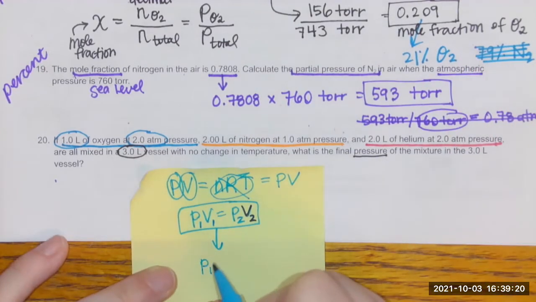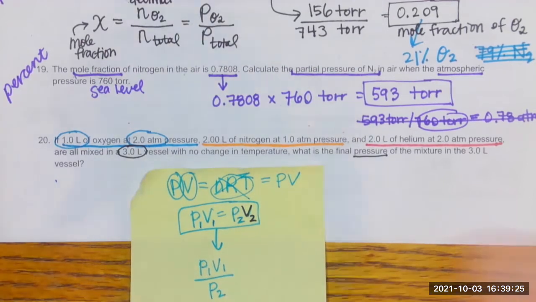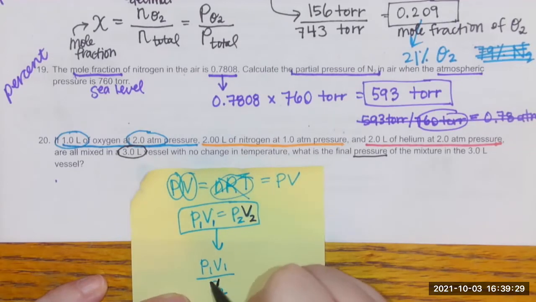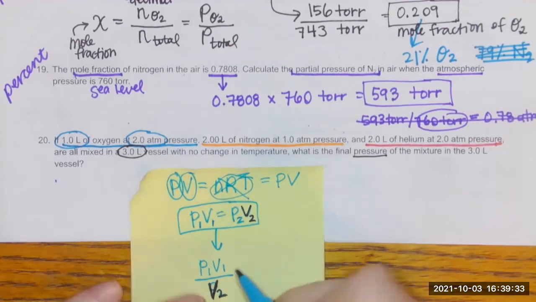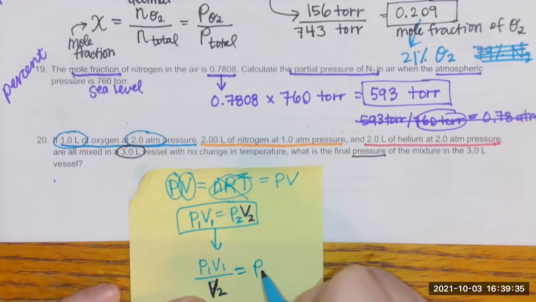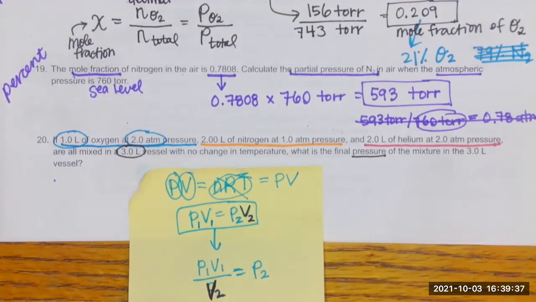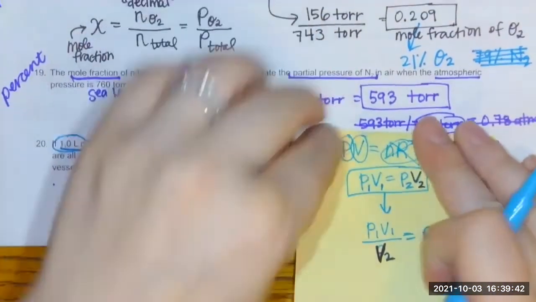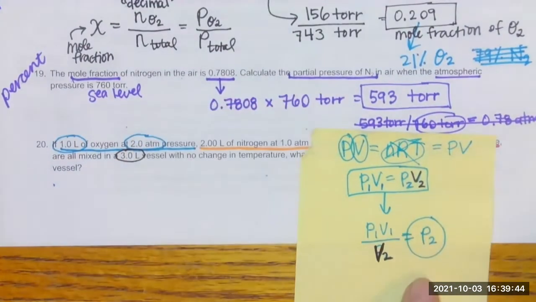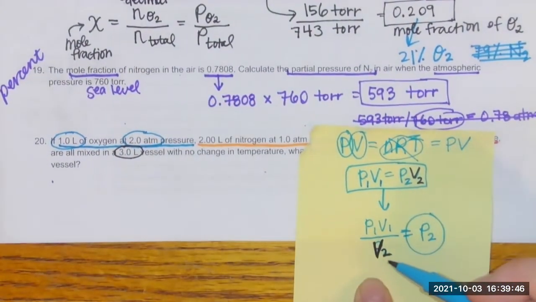I've got P1 V1 over V2 equals P2. This is the pressure of the oxygen on its own. This will be the pressure of just the oxygen in this new container.